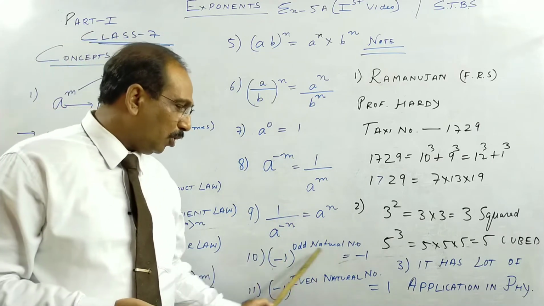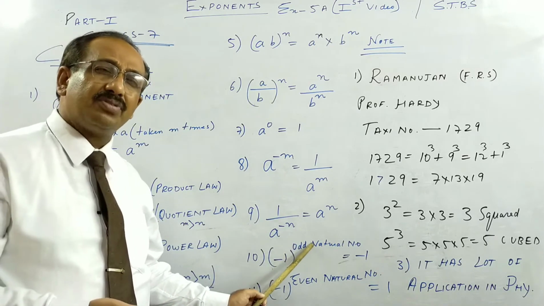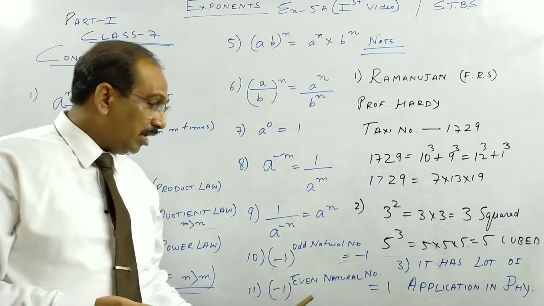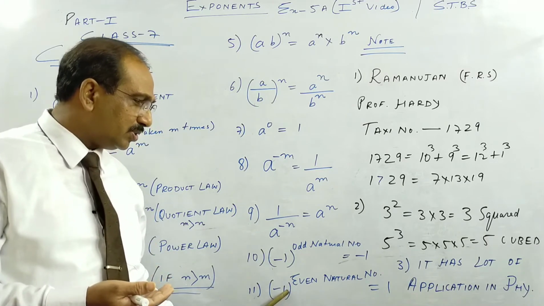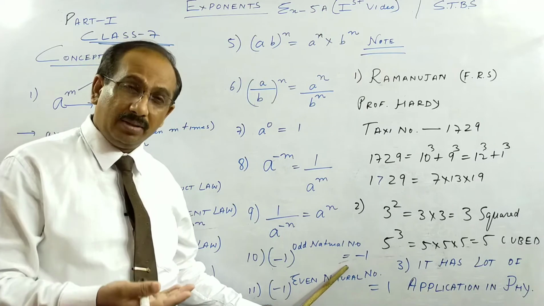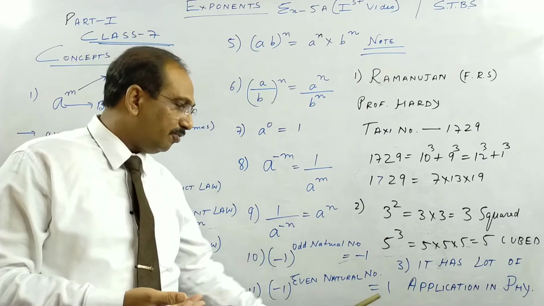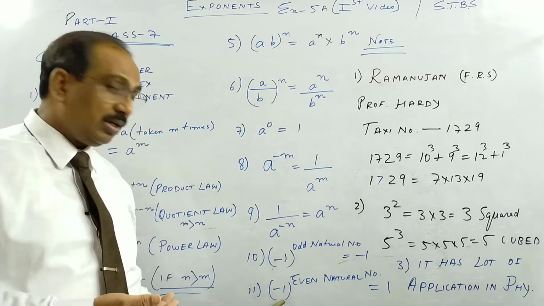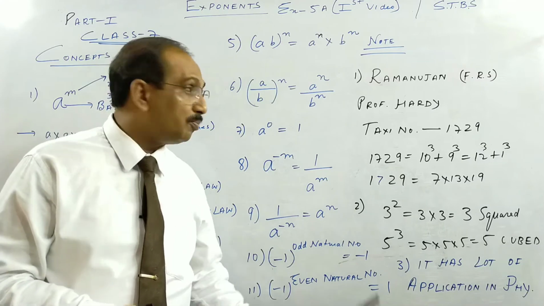Minus 1 to an odd natural number power, like minus 1 to the power 3, 5, 7, you will get minus 1. If anything is negative, and you have an even natural number power, 2, 4, 6, 8, like that, the answer is positive. In case of 1 it is 1, but we will see for other numbers: odd power gives you a negative answer, even power gives you a positive answer.